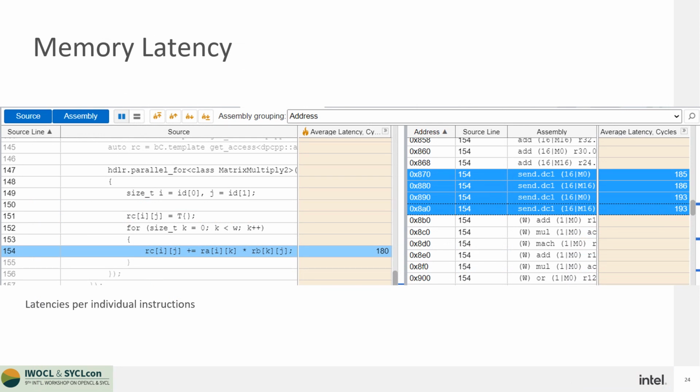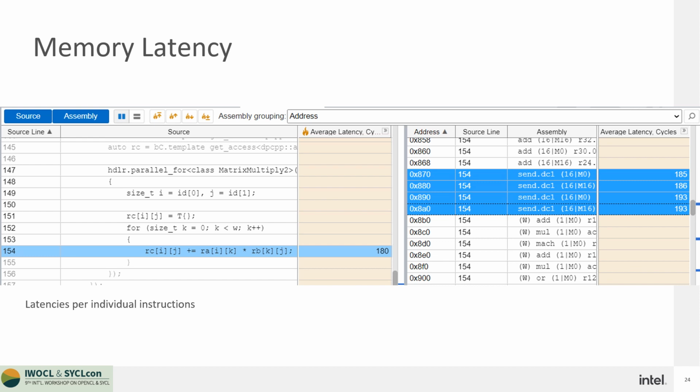As we already discussed earlier, the most probable reason for delaying execution of instructions in a kernel would be accessing data from some units of memory. That creates a latency. So for more fine-grained memory latency analysis, you'd be using the VTune memory latency profile, and you will get the average latency in CPU cycles against source lines.